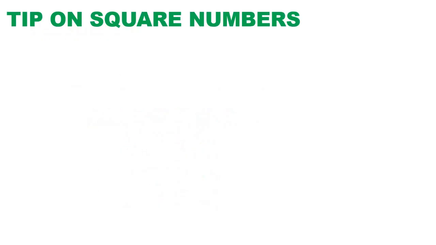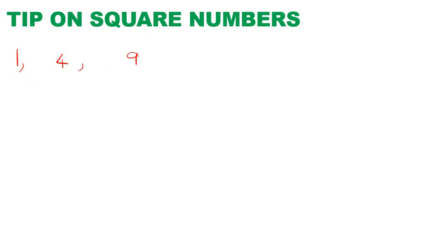Here we have a tip on square numbers. Without actually multiplying over and over, we have a sequence that you can follow to tell what the next square number will be. Let's start with the first 3. The first 3 are 1, 4, and 9.